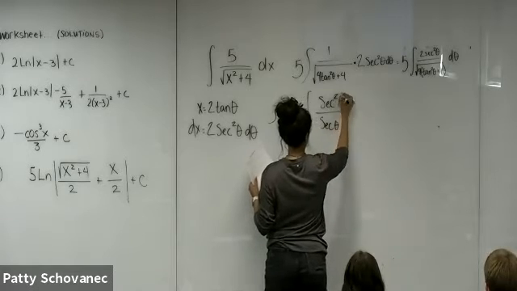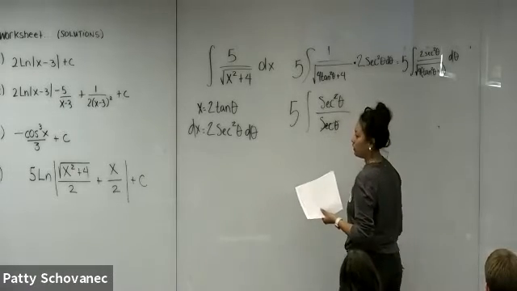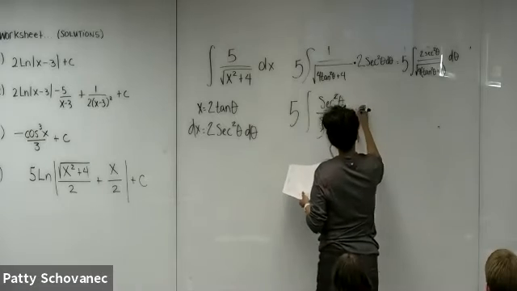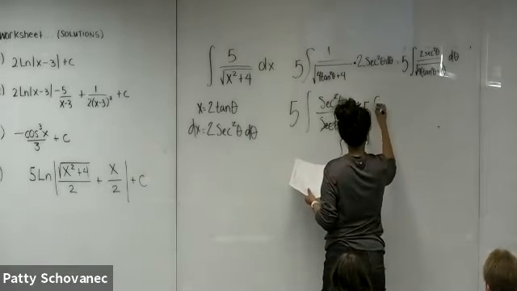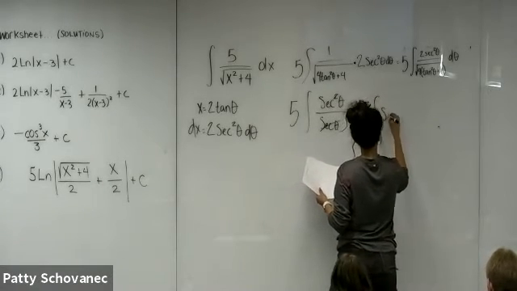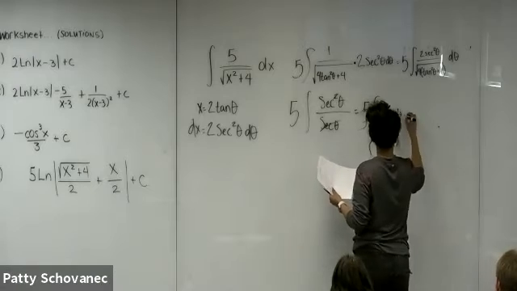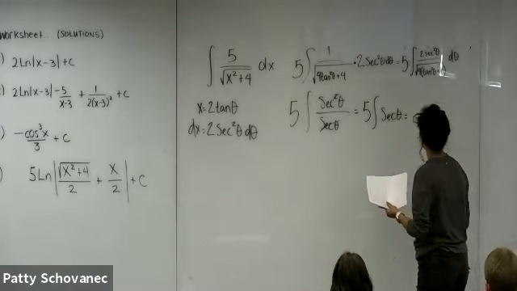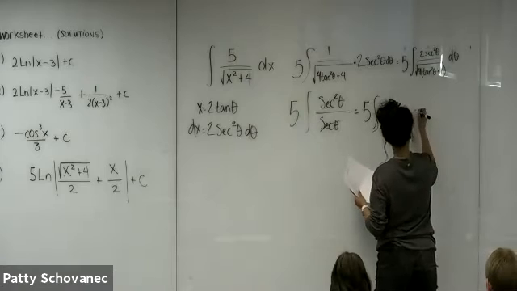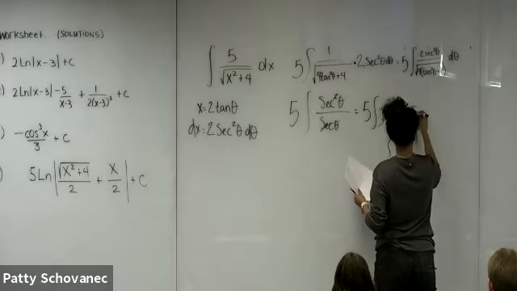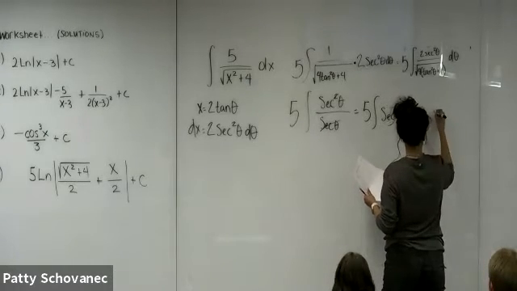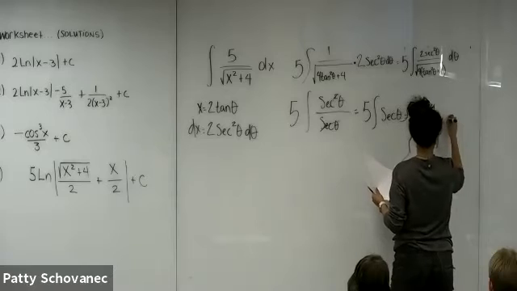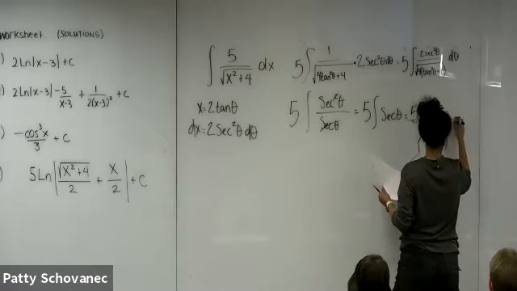Okay, and then we take 1 out, so we're left with secant theta, and 5 times the integral of secant theta. And that's the whole formula. That's the natural log, first 5 times the natural log of the absolute value of secant theta plus tan theta.